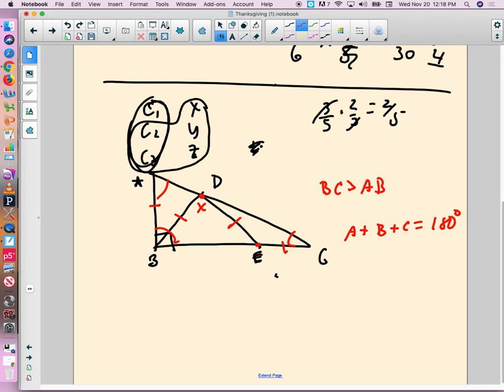All right, go ahead. Since these two triangles are isosceles, then this angle is equal to that angle. So these green angles are equal, and these blue angles are equal. Is that what you're saying, Cecilia?